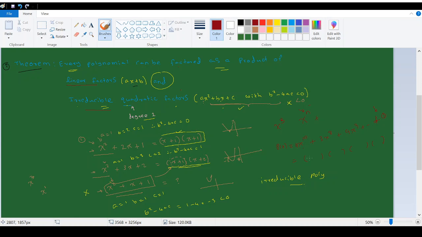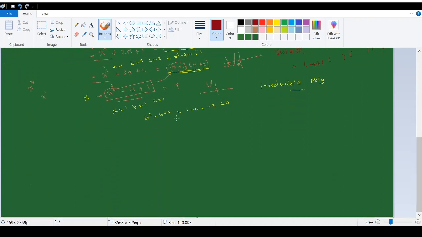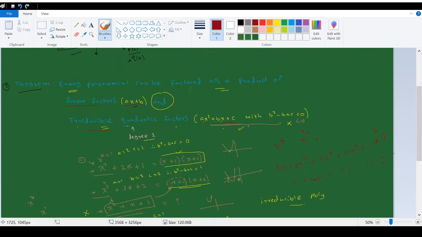So linear factors means the ones of this format, ax plus b, and quadratic factors means this one, right? Say for example, if I choose a particular case, if we have this polynomial x to the power 4 minus 16, you can write it as, now from this theorem we cannot find the linear factors.